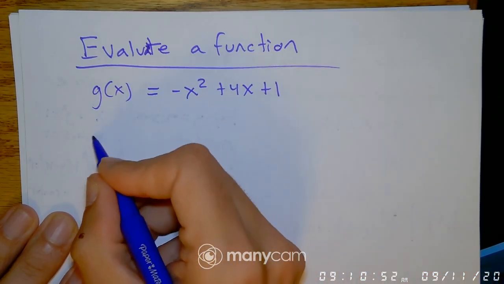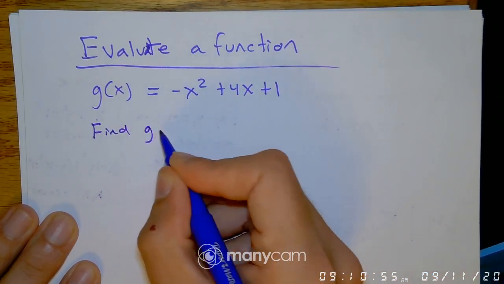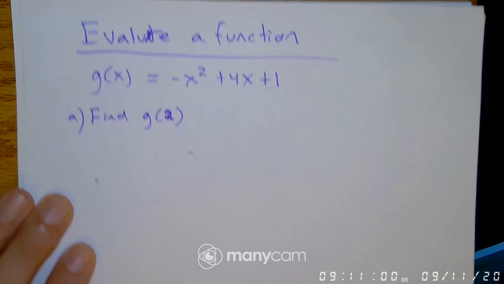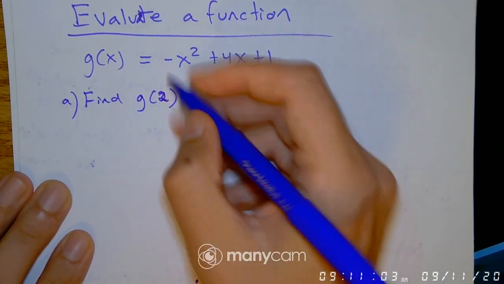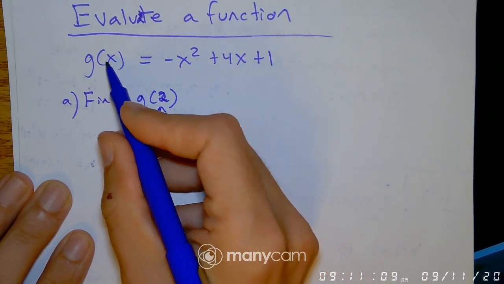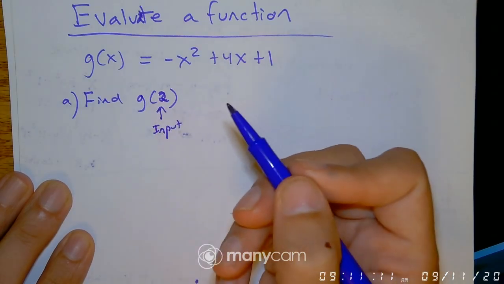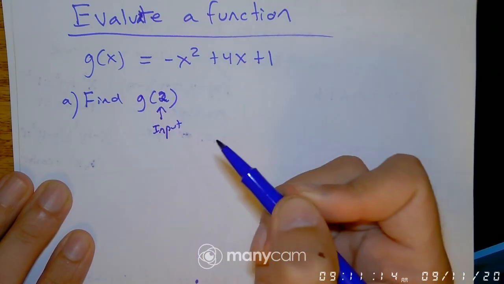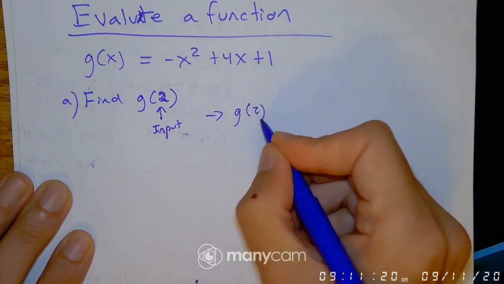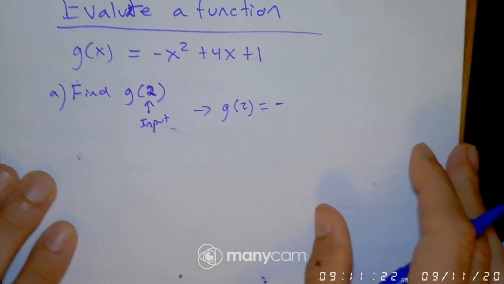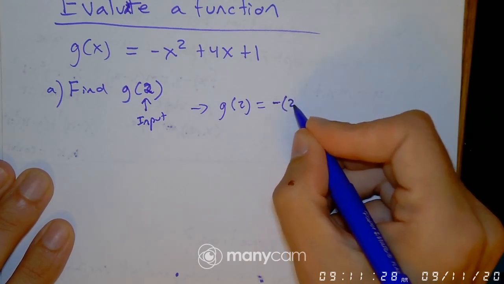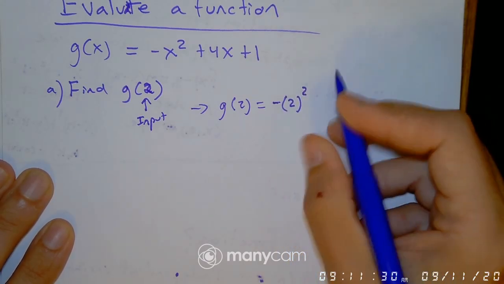So I might want to find g of 2. Okay, it is really important, guys, that you know that this right here is your input. Okay, and notice what's it replacing? It's replacing x. So our next step is to replace all of the x's with 2. So we're going to have, now people always, they get lazy and they skip this step, but anytime you're plugging in for a variable, you have to put parentheses around it.